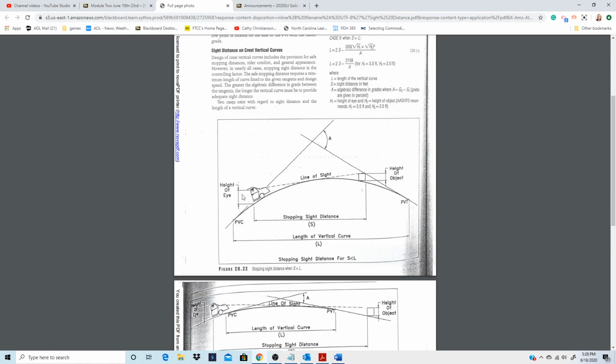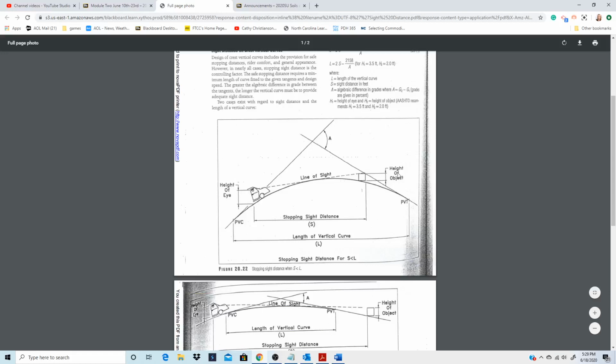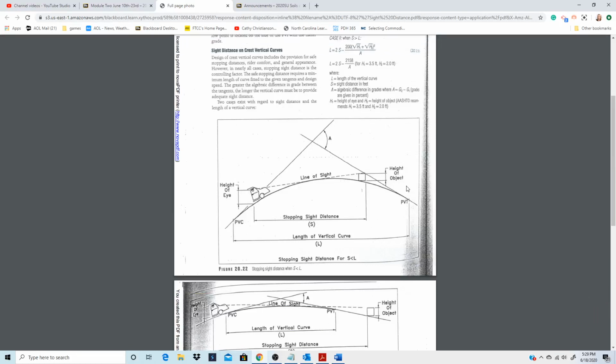So H1 is the height of the driver's eye. H2 is the height of the object sighted in the roadway ahead. They're in feet. And S is the stopping sight distance, which we can take from a chart, and what we're solving for is the length of the curve.